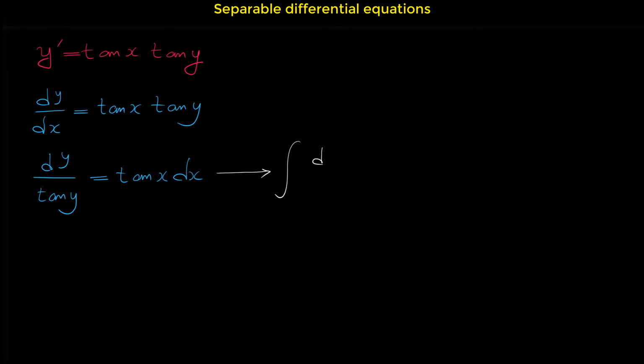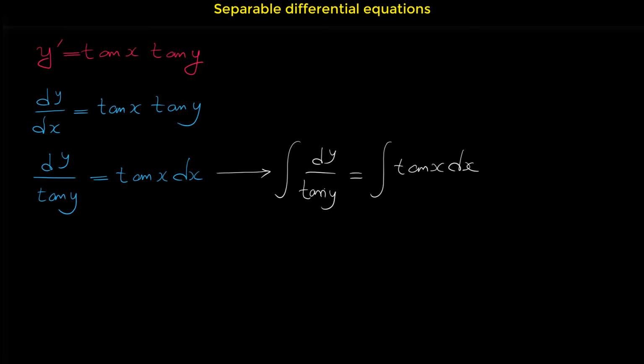If we integrate the left and right side of this differential equation, we have integral of dy over tangent of y equals integral of tangent of x dx. First, let me show you how we can find the integral of tangent of x.